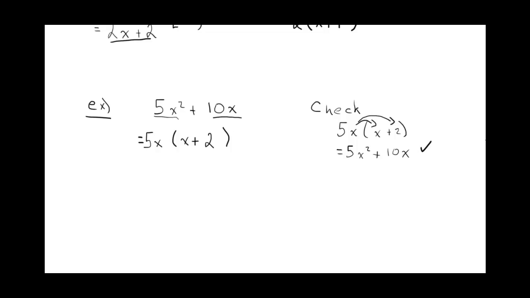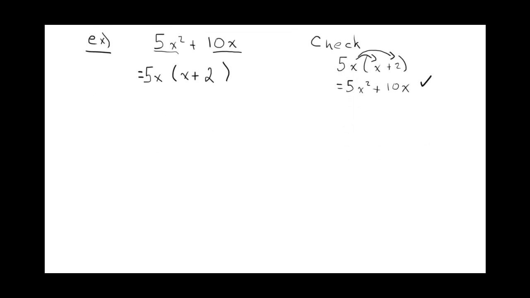So we're good. We checked and we got it right. So that's common factoring. Let's do another one. The questions will probably say common factor or just factor. So here's our example.